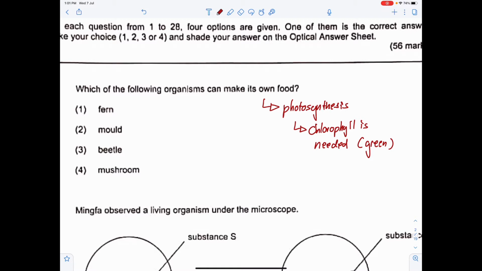So of all the options here, many students will confuse fern and mold because these two have the same way of reproduction, which is to reproduce by spores.